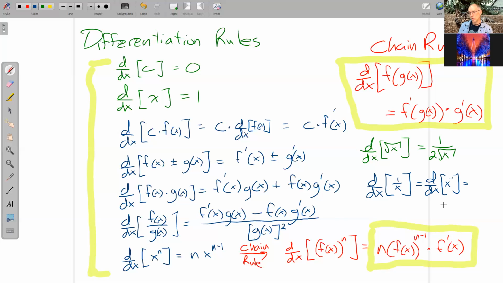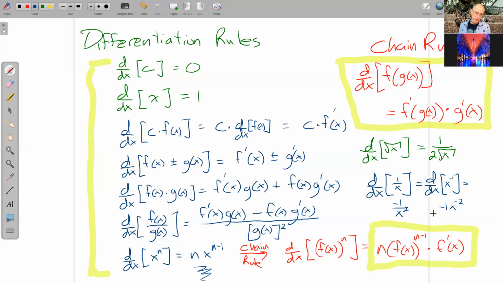In this version, you could say it's negative 1 times x to the negative 2, thinking about the power rule there. But if you put it back as a reciprocal function, then it would be negative 1 over x squared. So depending on the power, sometimes the power rule reduces the power, but if n was already negative, now it's a little more complicated than it was before.